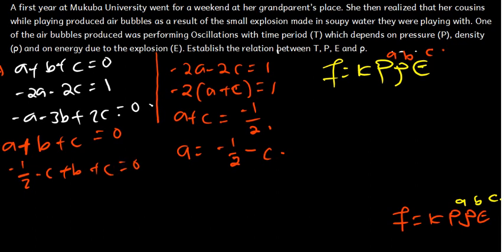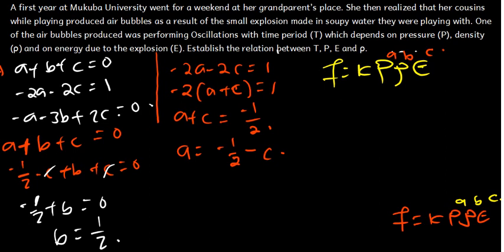So we can see that negative C and plus C cancel. So we are going to have negative half plus B is equal to 0. Therefore B is equal to 1 over 2. That is the value of B.